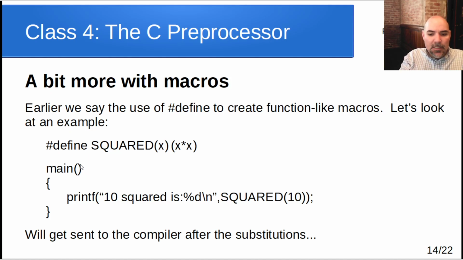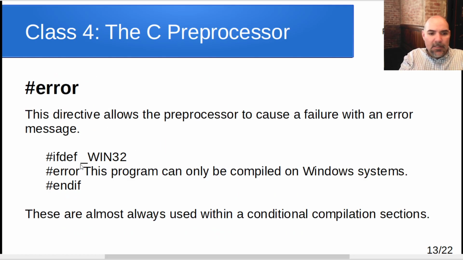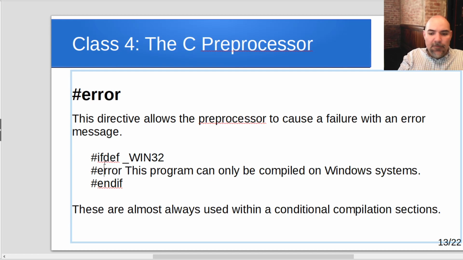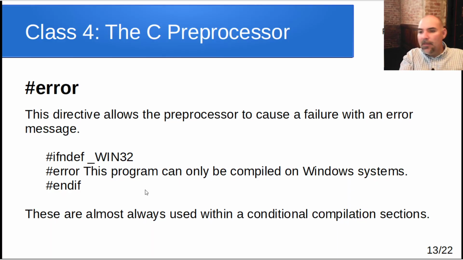Oops. Go back. So this should be if it's not defined WIN32, then we do that. So that will basically say it can only be compiled on Windows systems. So if we're on something other than WIN32, it won't let that compile. Let me go back to normal mode here. There we go. Okay.